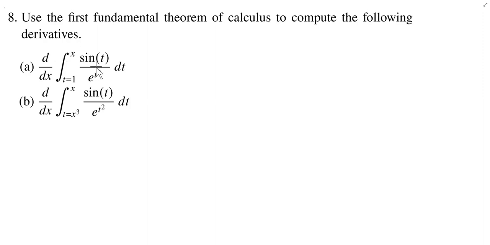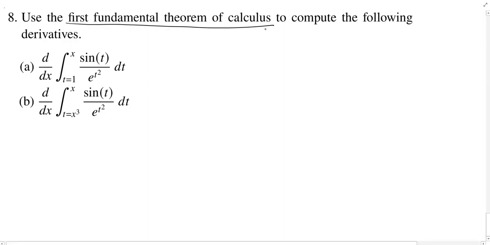So obviously, this won't give you a specific value unless you know what x is. But once you know what x is, it gives you some value. So this is a function of x, and we can take the derivative. Now, the first fundamental theorem of calculus, which they cite here in the instructions, tells you if you define a function in the way we did here and then take the derivative, it's very easy to take this derivative.